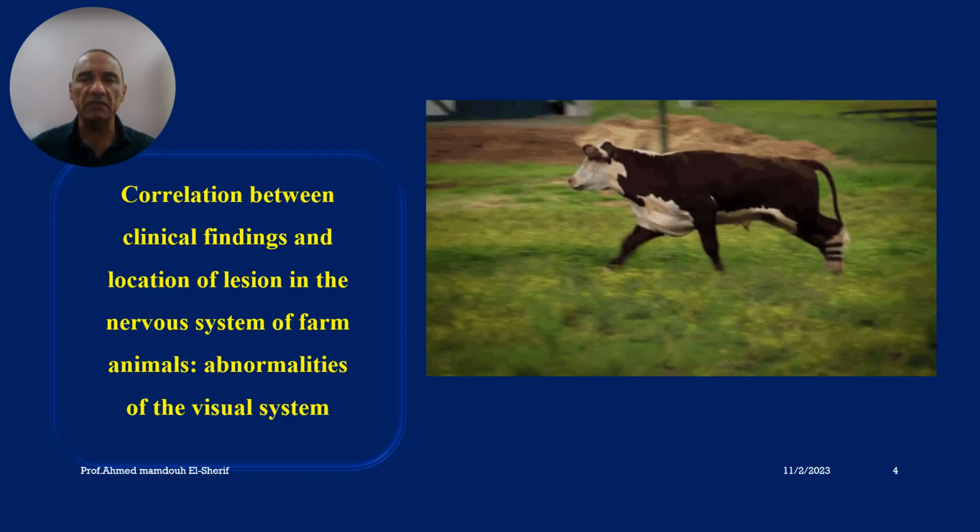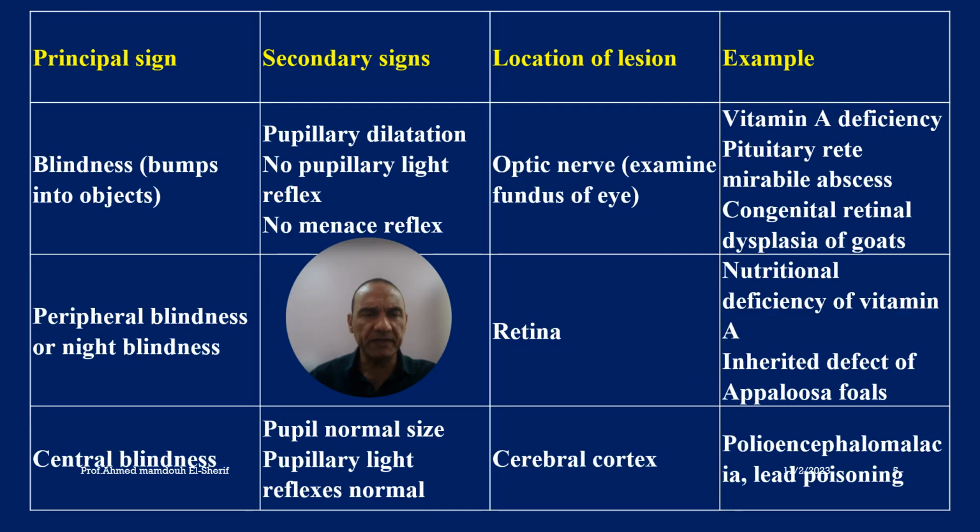When the principal sign is blindness and the animal bumps into objects during walking or running, secondary signs will be pupillary dilatation, and there is no pupillary light reflex and no menace reflex.